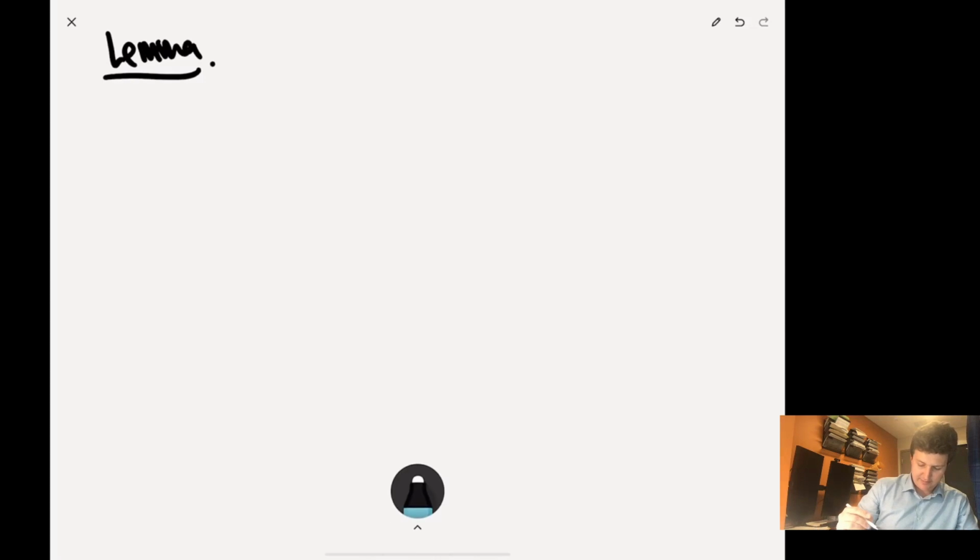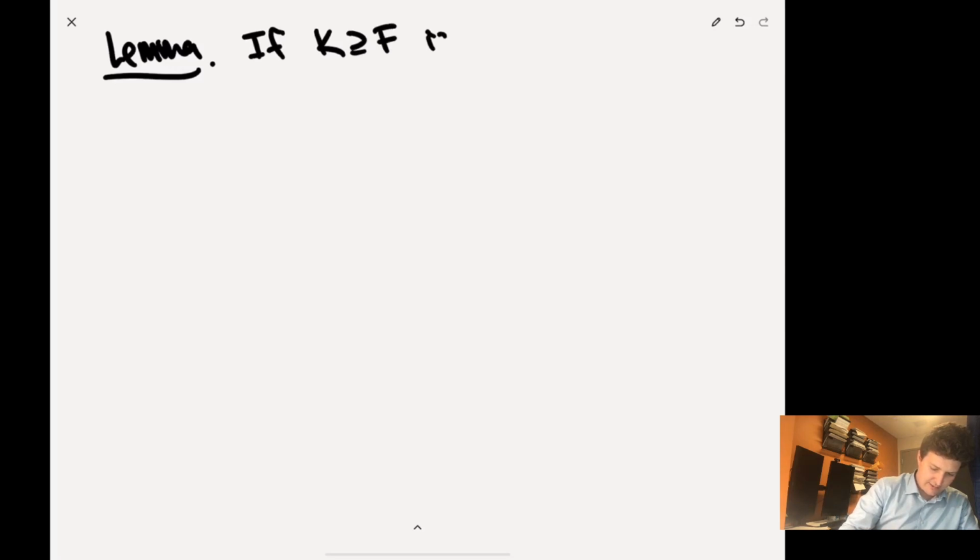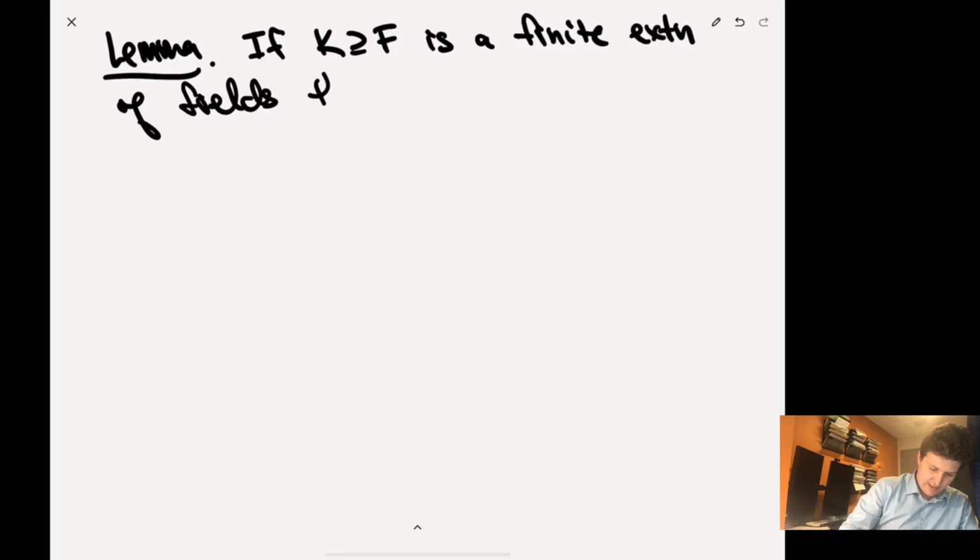It says that if K containing F is a finite extension of fields, then K is algebraic over F.